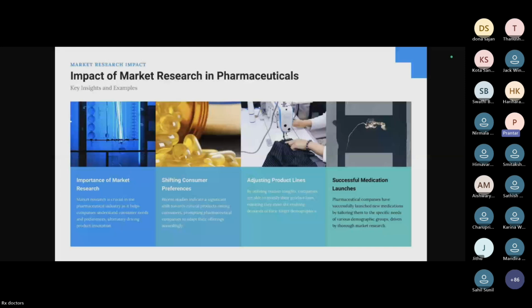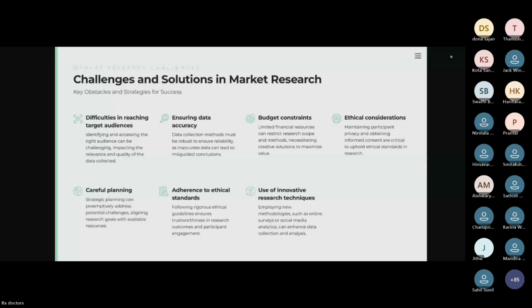But it also has a few challenges that come with this role. Could you please move to the next slide, please? So the main challenges are mentioned here. The first challenge is reaching out to the target audiences. So identifying the right audience to get the data from is really important.